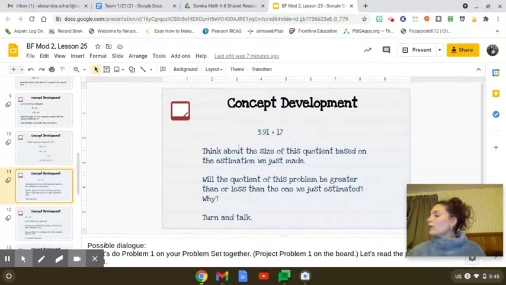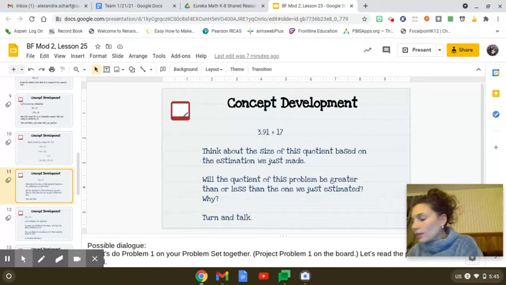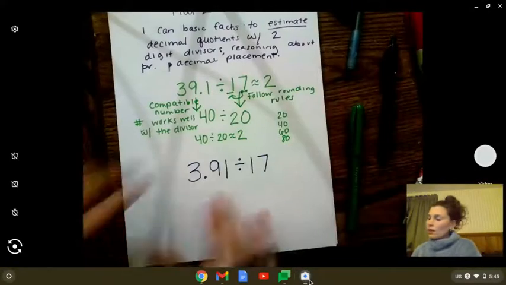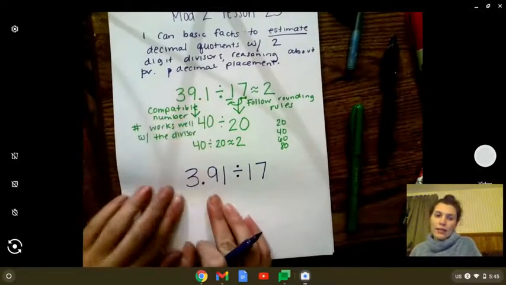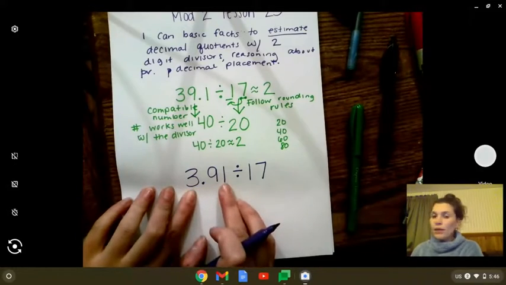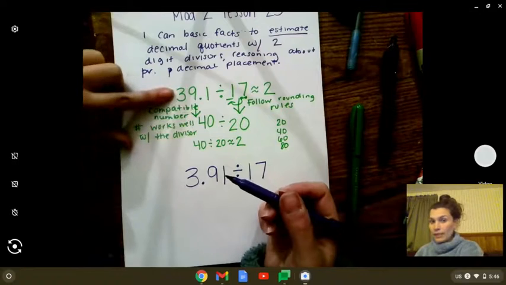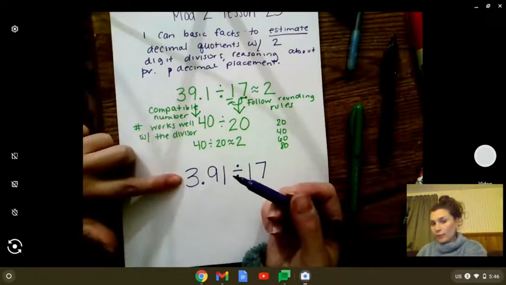So now we are going to round 3 and 91 hundredths divided by 17. So let's just take a second and look at these two numbers. We had 39 and 1/10, and now we have 3 and 91 hundredths. Which number is bigger?